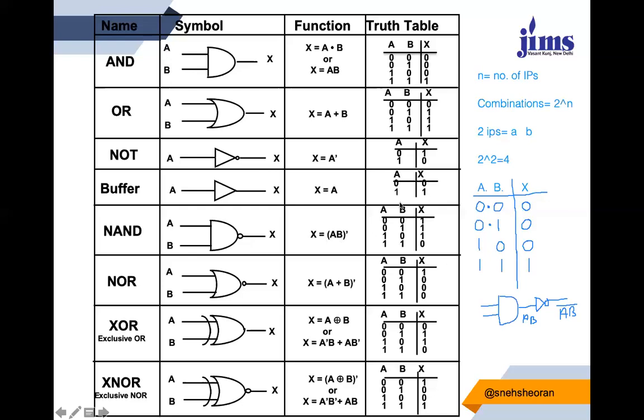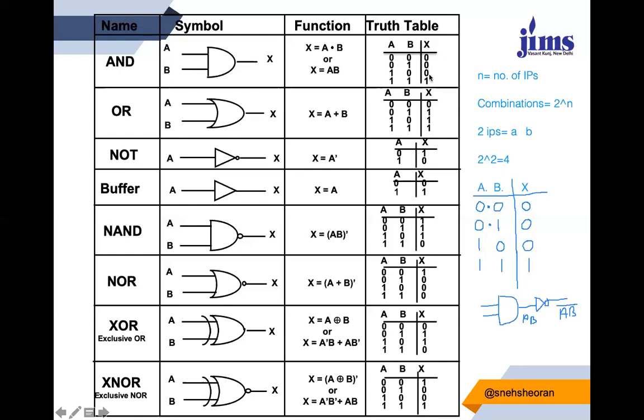Coming to the truth table of NAND gate. The truth table says two inputs, I'll have 4 combinations and this is my output. If you observe the output of AND gate, it is 0, 0, 0 and 1. Now this output of AND gate passes through a NOT gate. A NOT gate is going to complement this.